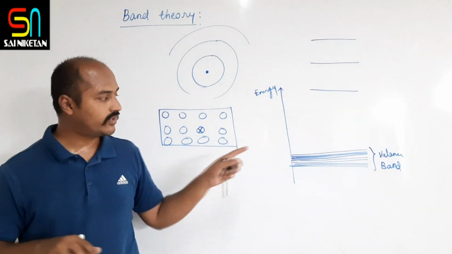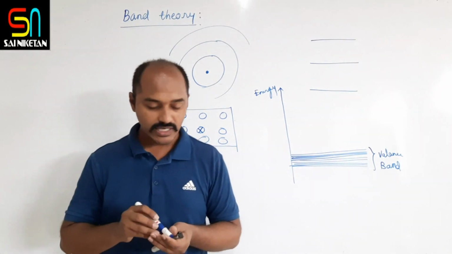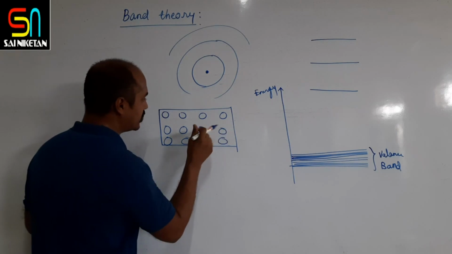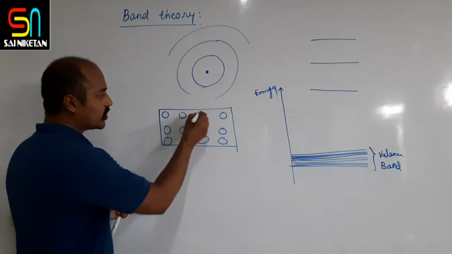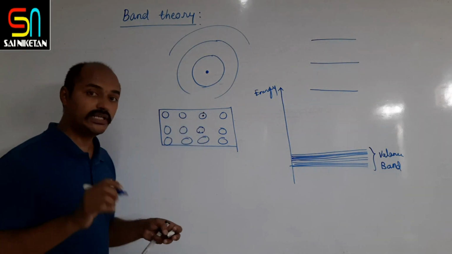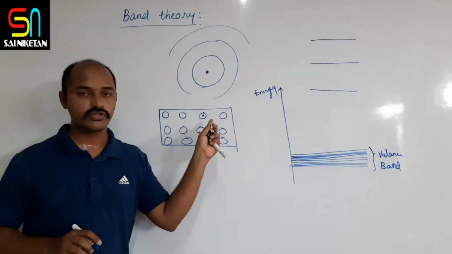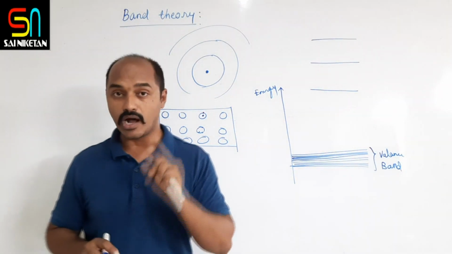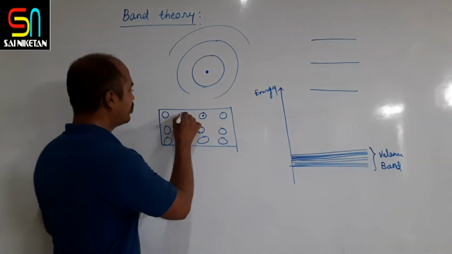Those electrons have different energy levels. Why is it so? Why does it have different energy levels? If you ask this question, you have the answer, right. If you consider this atom, the electron revolving in this atom is attracted by its nucleus, and also the same electron is attracted by the neighboring nuclei.